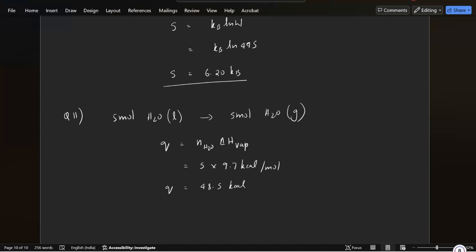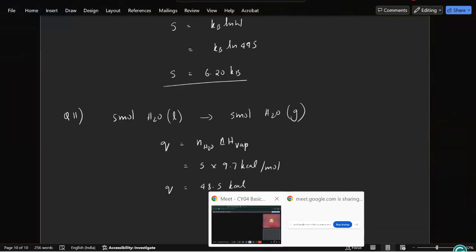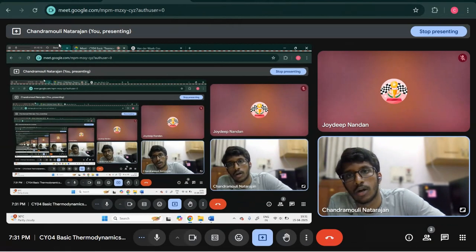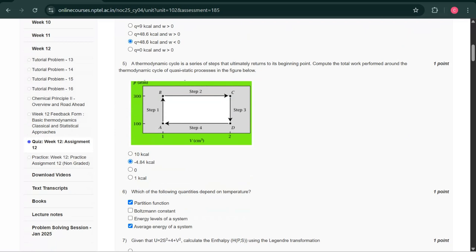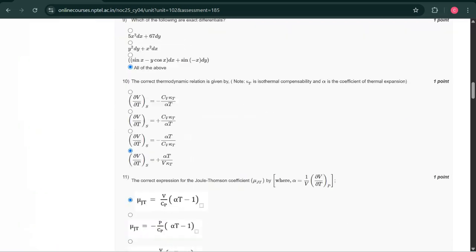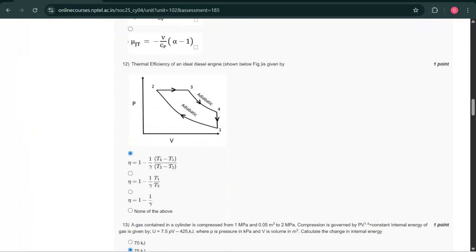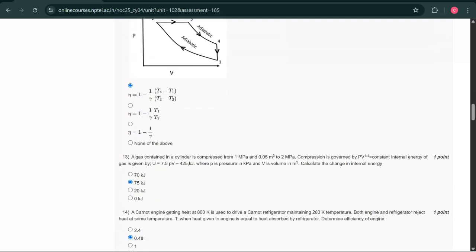Then what is the next question that you asked? 12. Okay, 12 is a direct formula. You check your notes for the ideal diesel engine value. It's there in the notes.